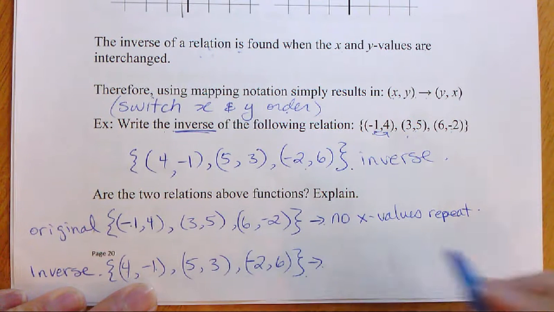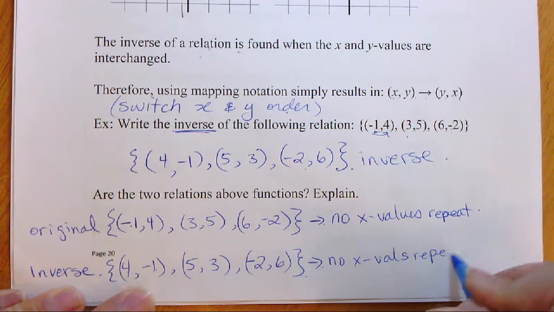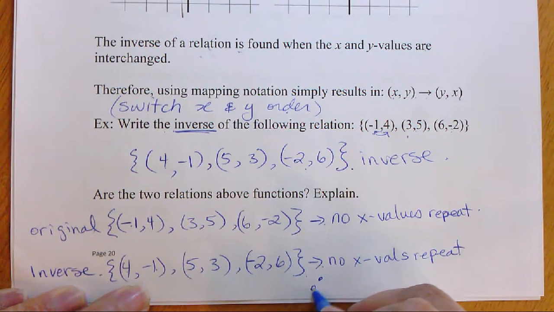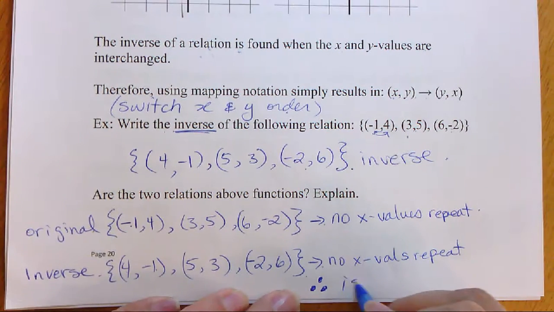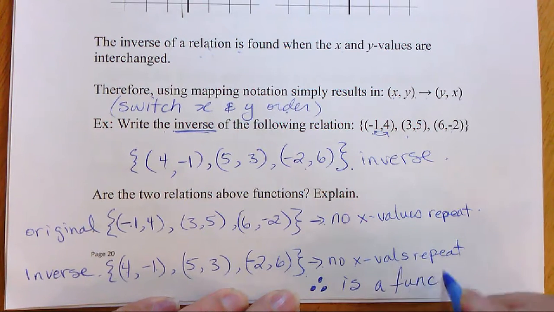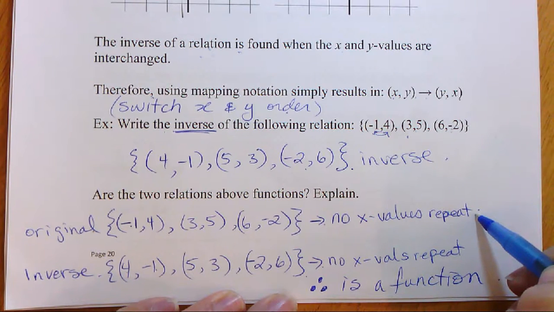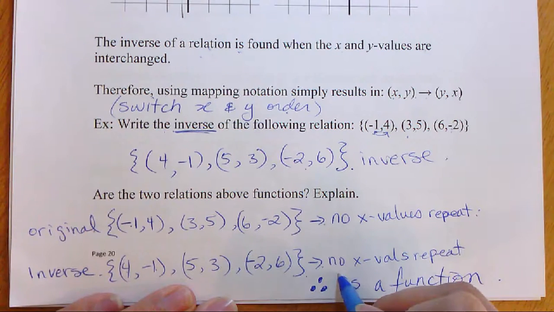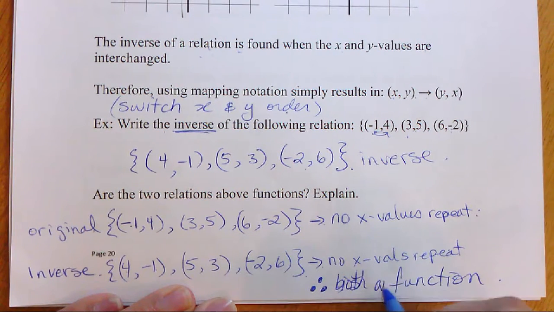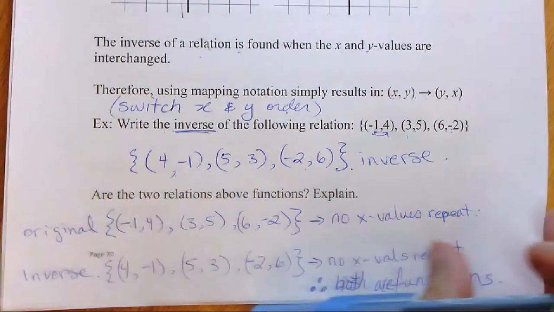Now here, no x values repeat either. So therefore, it's impossible for the same x value to have 2 different y values. So this is a function. Both of them are functions, the original and the inverse.